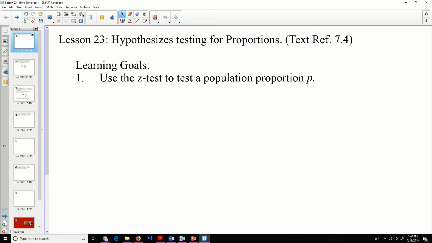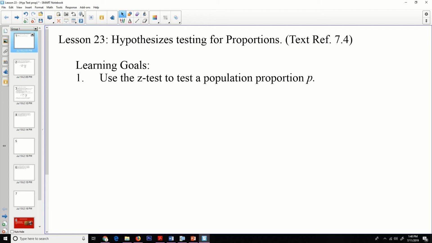Now, I have to tell you right up front that even though there's only the one learning goal, we're going to take everything that we learned in lesson 22 about hypothesis testing. We're going to take that list of 7 or 8 steps that we learned and apply it to a population proportion. We're going to verify our assumptions. We're going to write our alternative and null hypothesis based on whatever the claim is.